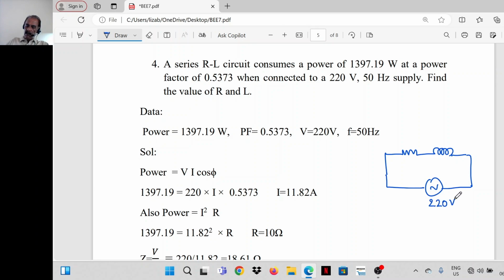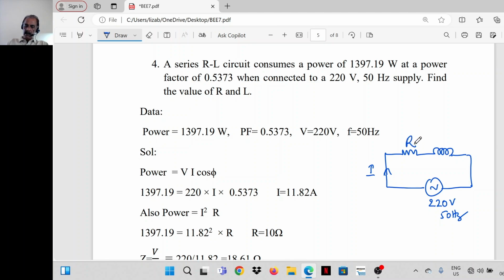It is given that it is a series RL circuit, resistor and inductor. So the RMS value of applied voltage is 220 volt, frequency 50 hertz. Power and power factor are given. So take the current as I.